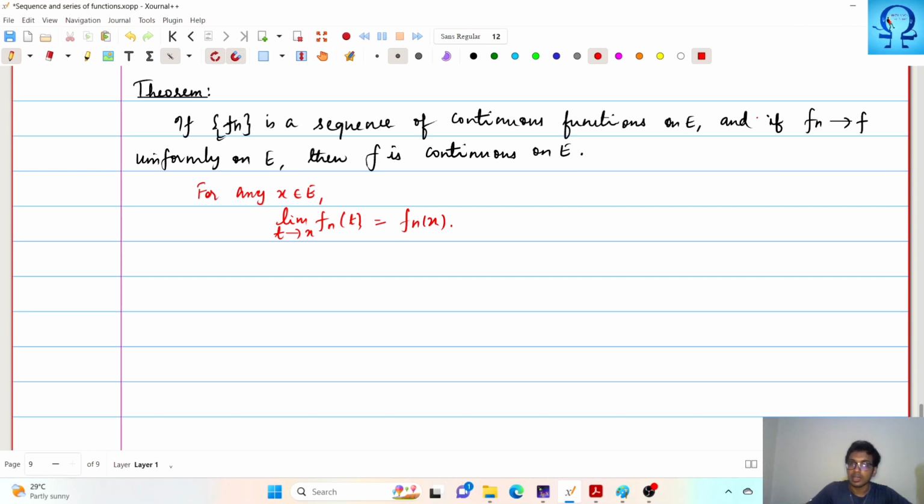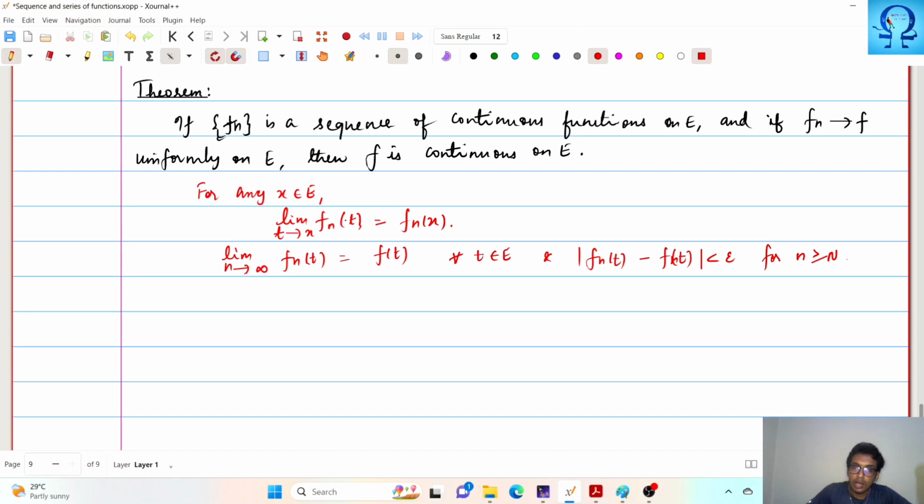And fn converges to f uniformly on E. That means limit n approaches infinity fn of t is f of t for all t in E, and absolute of fn of t minus f of t is less than epsilon for n bigger than or equal to N. This is what this says.